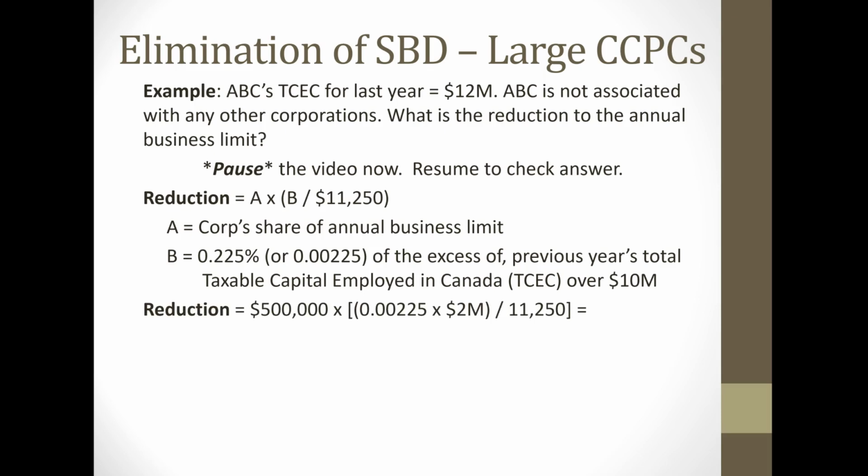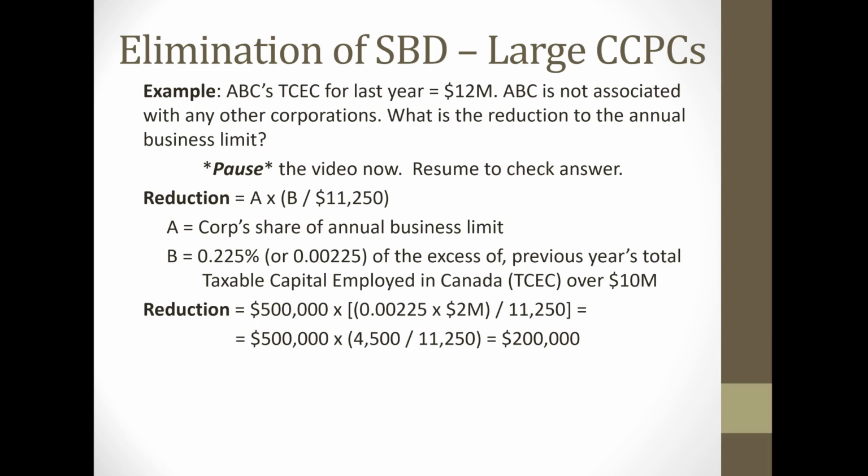So the reduction then would be A, 500,000 times 0.00225 times 2 million over 11,250. So if you work through that, we're going to get 500,000 times the fraction of 4,500 over 11,250. That's going to result in a reduction of 200,000.